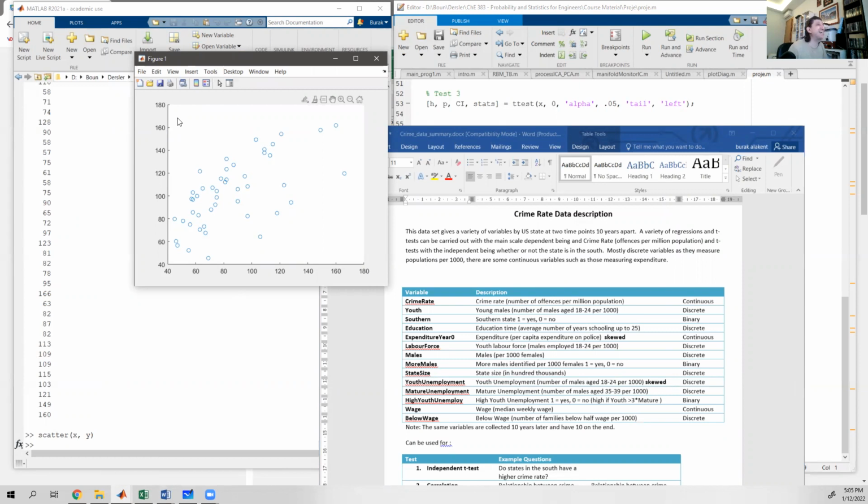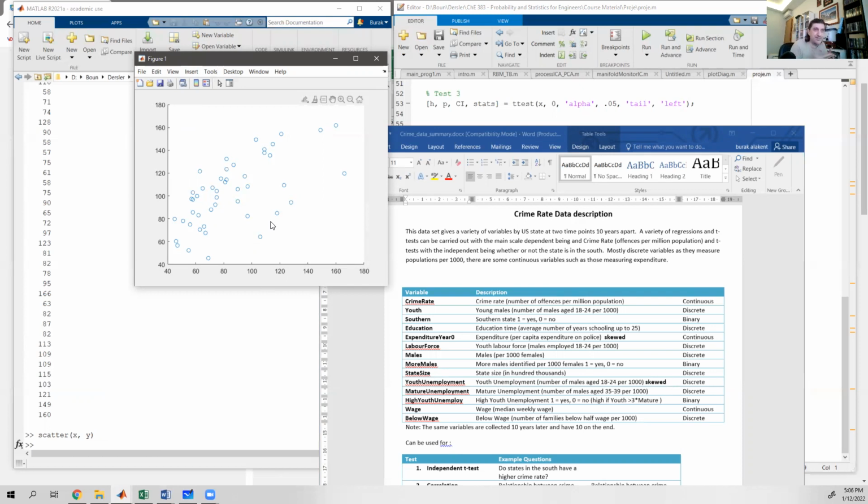As I said, this does not mean a causality. Do not automatically say there is a causality between those. So as there is more police, there is more crime kind of thing. Actually, it may be opposite. Just because you put this on the y-axis, it doesn't mean that there is causality from this part. This may be from here to here. There is more crime rate, then there is more expenditure on police, or they may depend on confounding variables.